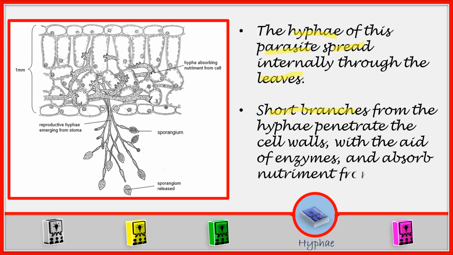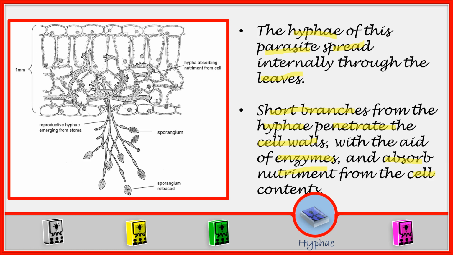Short branches from the hyphae penetrate the cell walls with the aid of enzymes and absorb the nutrients from the cell content.